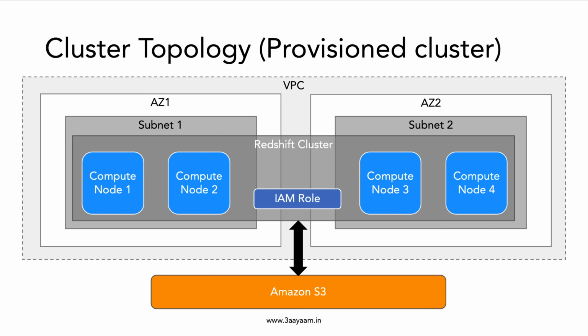And if we use RA3 node type, then we need to access S3 also, for which we need to assign an IAM role. We need to assign an IAM role for DC2 node types also, because we'll be loading data from S3, we'll be unloading data to S3, or we need to have integration with other AWS services. So definitely we need to have an IAM role associated with the Redshift cluster.